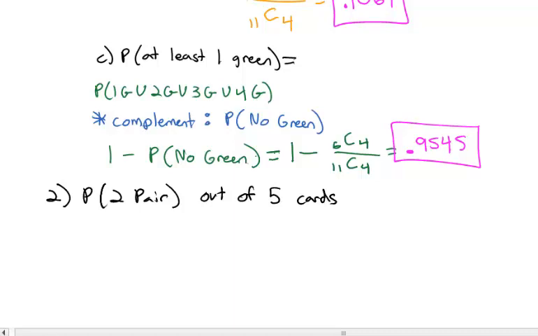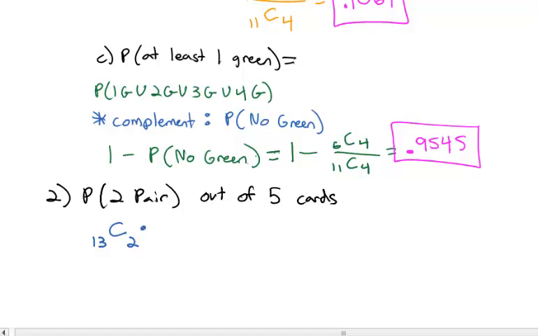We can calculate this also with combinations. When we're looking at our poker hands, we need to make 2 choices, and sometimes those 2 choices have to be made several times. We have to choose a suit, and we have to choose a number. With 2 pair, we're most interested in the number, so we're going to do that first. Of the 13 numbers, combination, we're going to choose 2 of them to be pairs, because both of them are going to behave the exact same way. 2 cards and 2 cards.